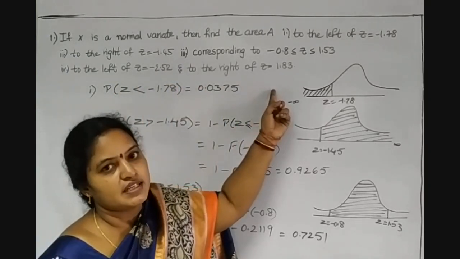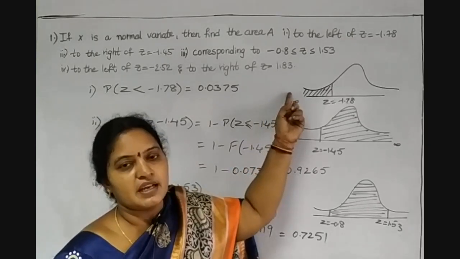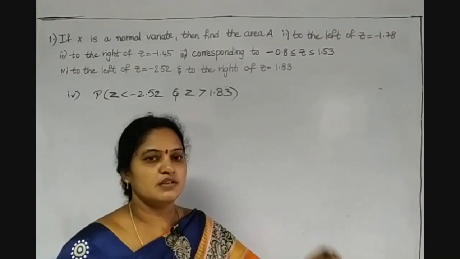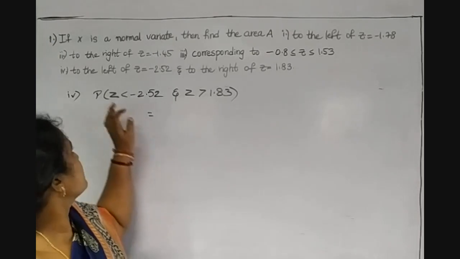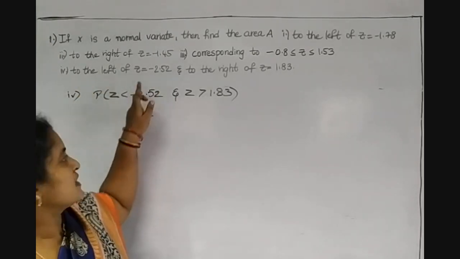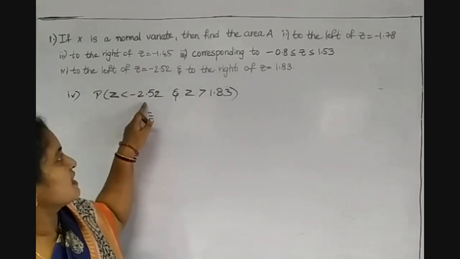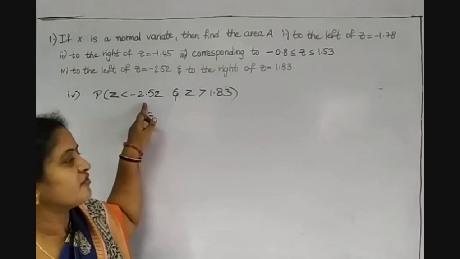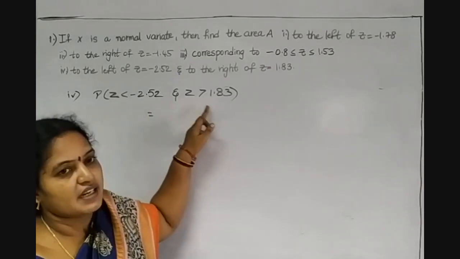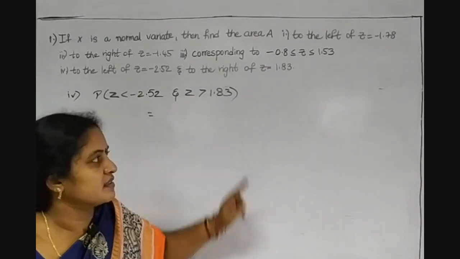Now we will see the next case, that is to the left of z equal to minus 2.52 and to the right of z equal to 1.83. Now we will see the fourth case, that means P of z less than minus 2.52 and z greater than 1.83.